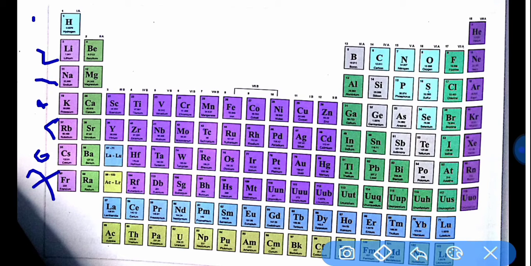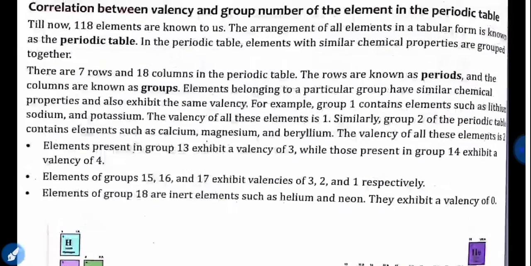These are known as the lanthanide and actinide series, which come just after here. You will read about them in higher classes, but till here we have to understand just the relation between valency and group number.